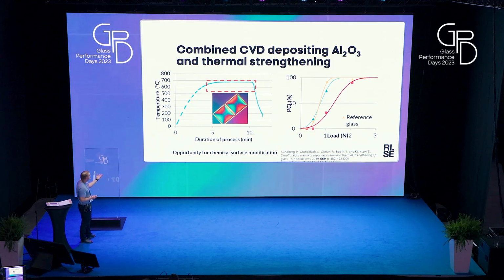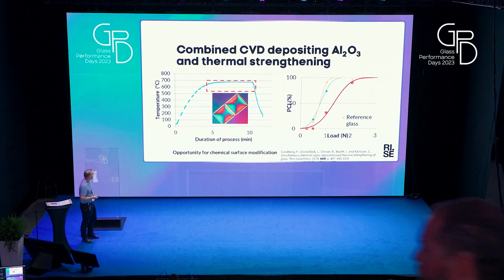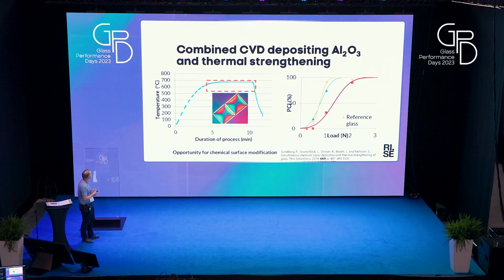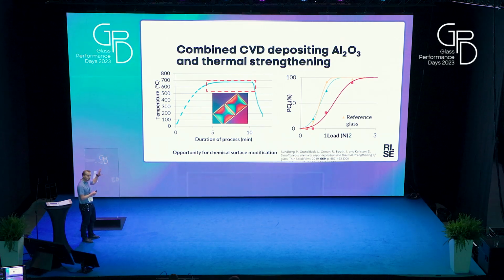One example, which was actually from this Solar Aeronet project that was mentioned, where we tried to combine CVD depositing of alumina and thermal strengthening of glass. So when you temper glass, you increase the temperature to above the Tg, and then you are at a quite high temperature.